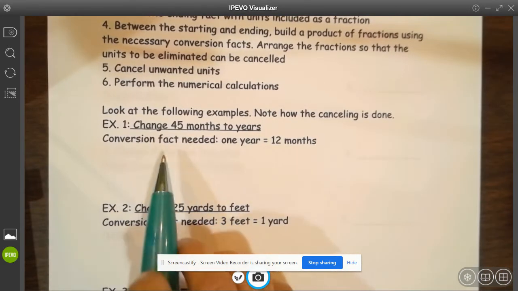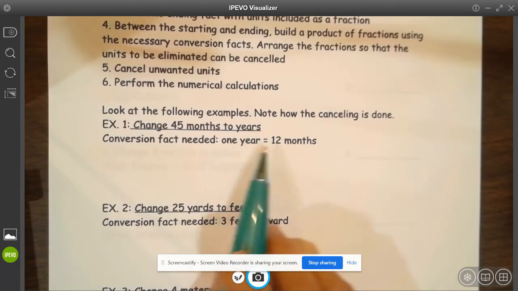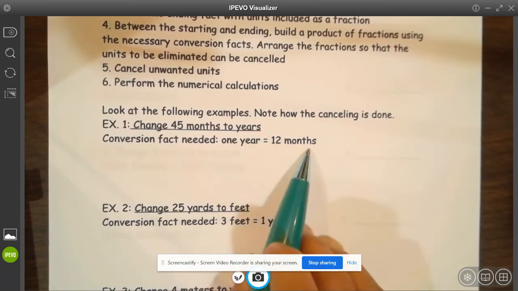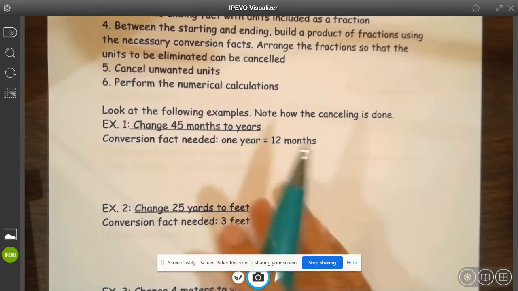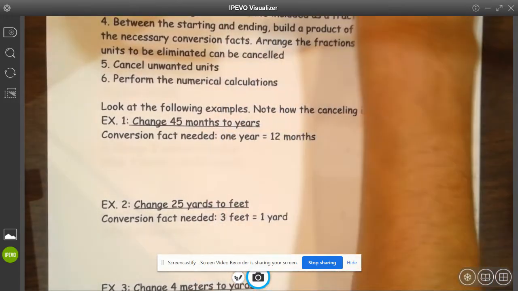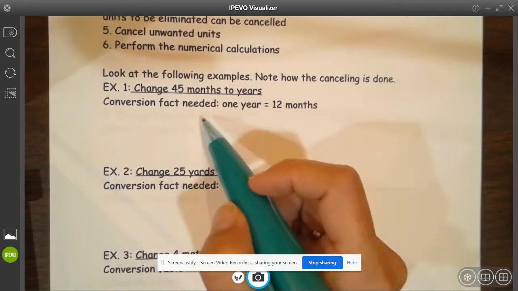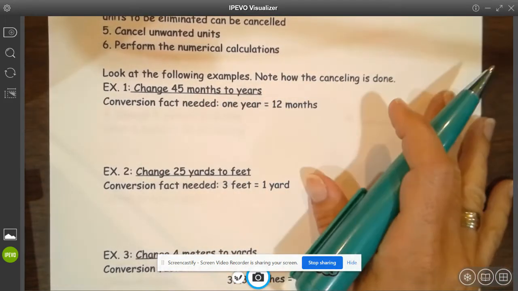Now, the first thing that we're going to need is this conversion fact that 1 year equals 12 months. Now, this one is easy, but a lot of the times I'm going to give you stuff, or we're going to have to find some stuff, or use a conversion fact chart. All right. In these examples, I'm going to provide it to you.